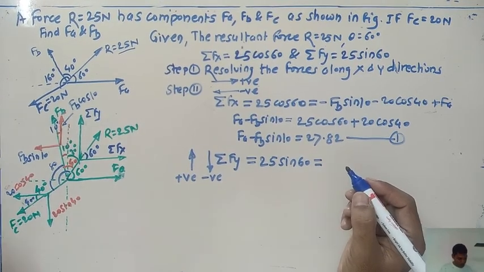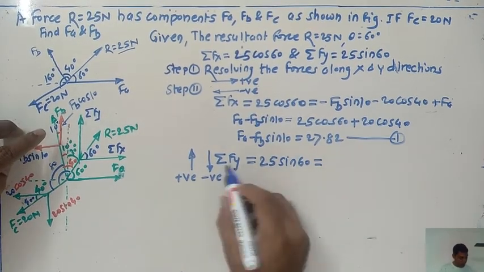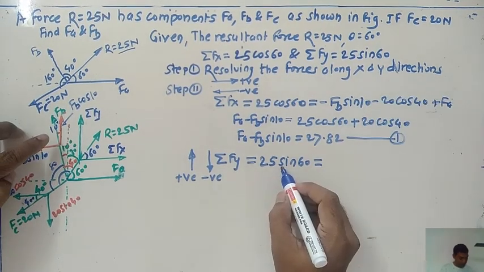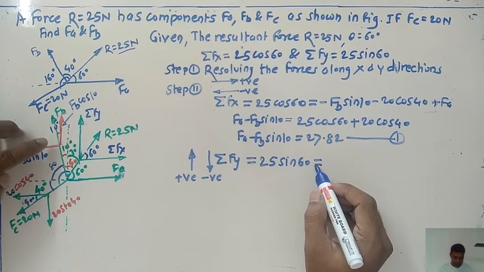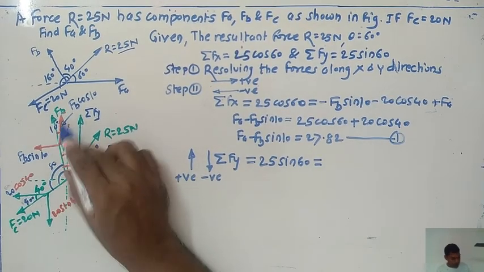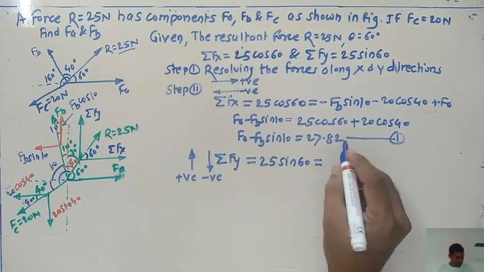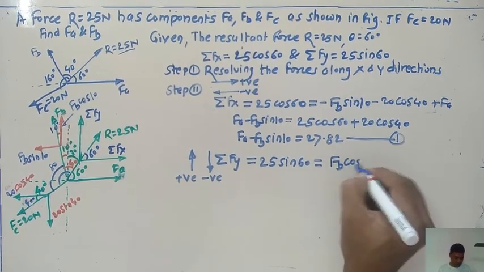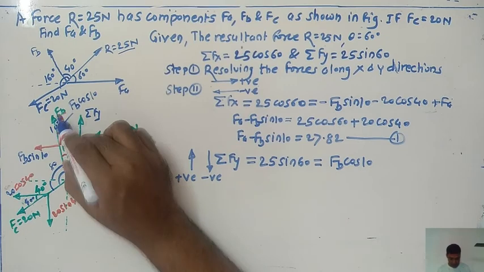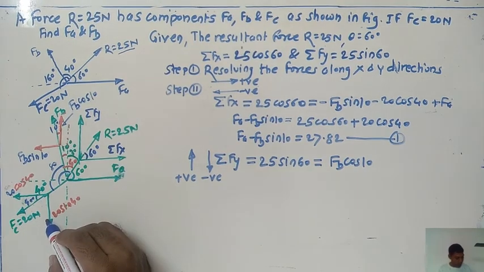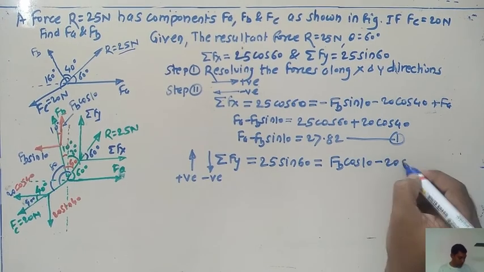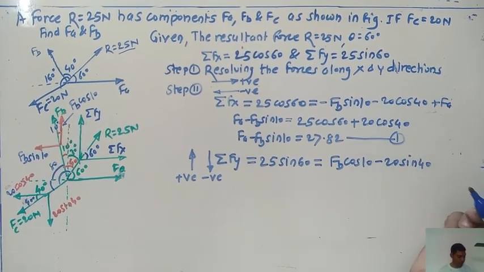For the first force, the summation of Fy, we already have this value, that's why it is written here. Apart from this, just add all the remaining forces. FB cos 10 is in the vertically upward direction, so consider this force as positive. This other force is in the negative direction, so minus 20 sine 40.